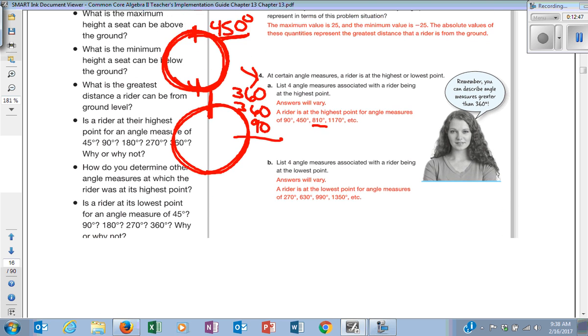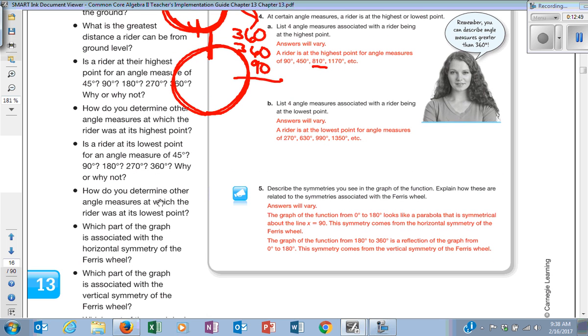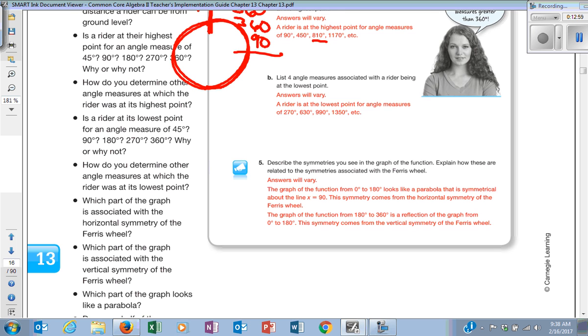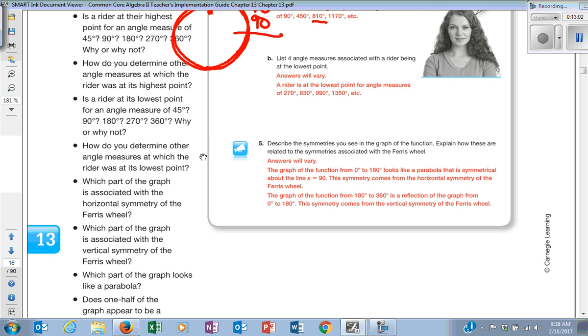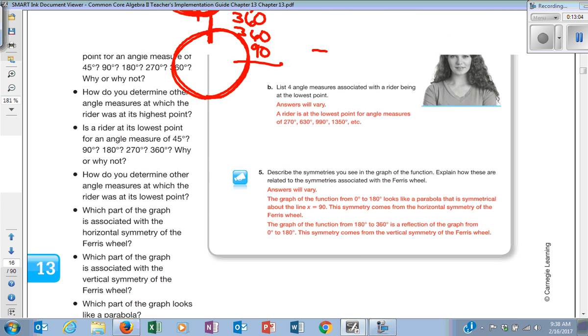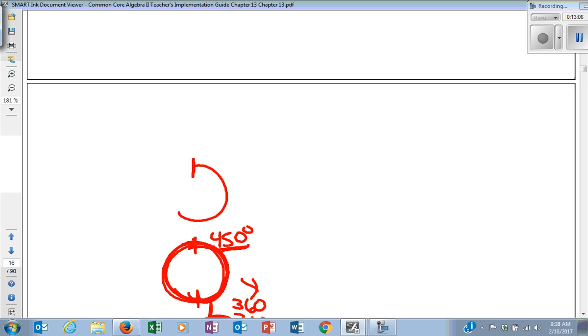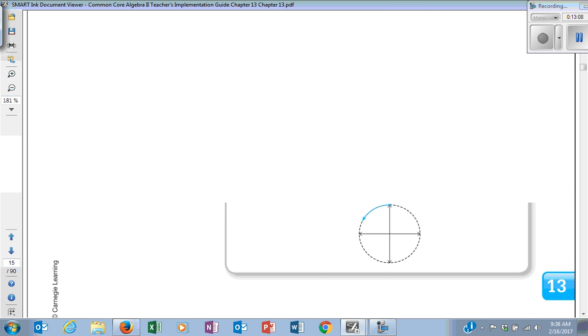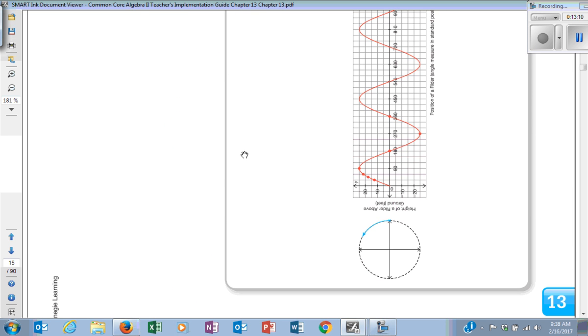So list where the lowest point is. Now they're going to be at the lowest point, right? So they say 270. Oh, on this one, we're talking about on this graph.